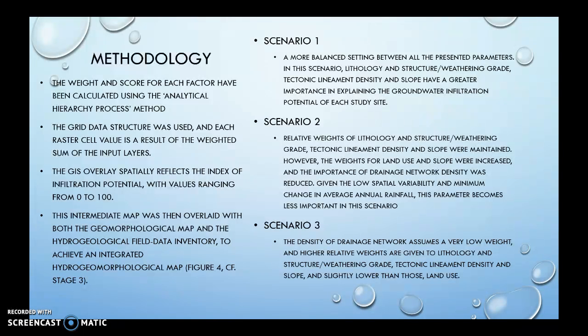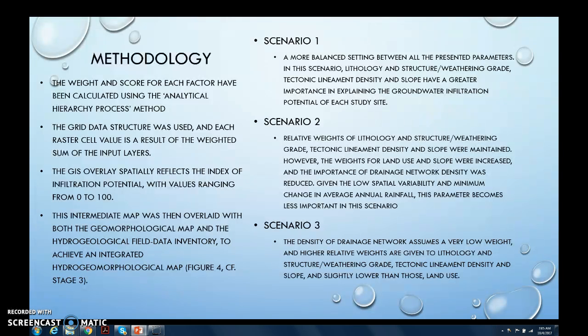And so once these parameters were set, scored, and the model was created, 3 different scenarios were enacted on both of the sites. Scenario 1 had more of a balanced approach with all of the scoring and weightings of the parameters in the study, whereas Scenario 2 had relative weights for lithology, weathering, tectonic, lineament, and slope, but the slope was increased and the drainage network density was decreased.